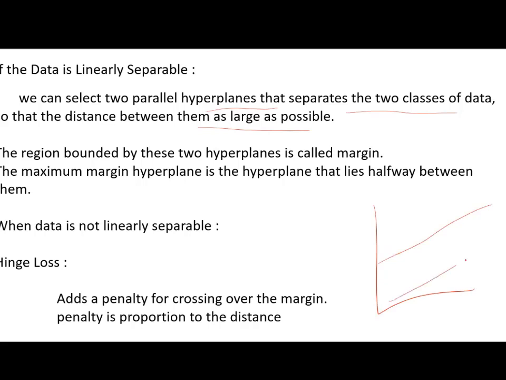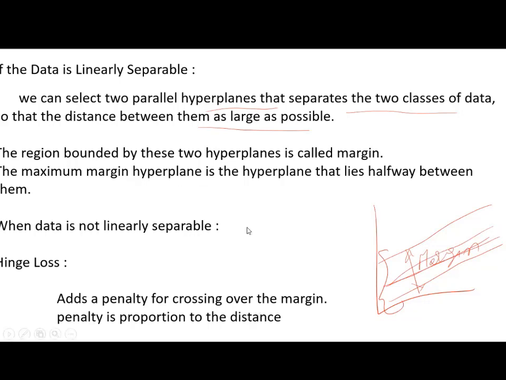This part and this part must be as large a margin as possible. The region bounded by these two is called the margin, and the maximum margin hyperplane lies exactly in the middle of that.